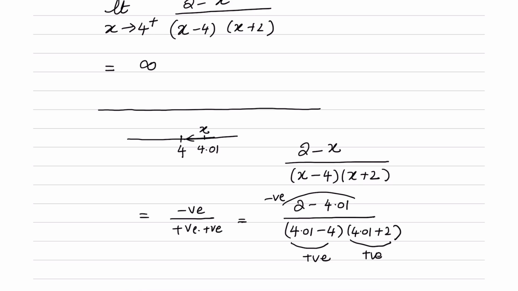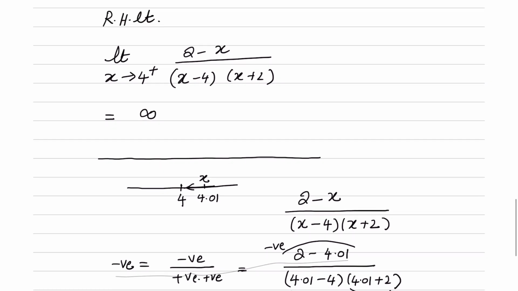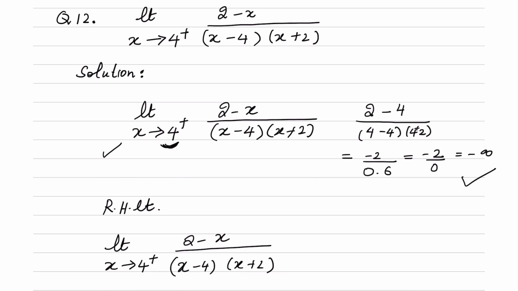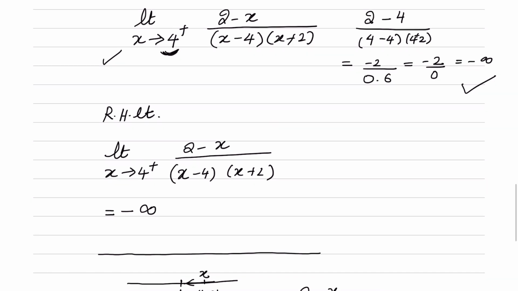So negative divided by positive is negative. So we will go back up and put in the negative sign with this infinity. So the solution of this question, the limit as x approaches 4 plus of the function (2 minus x) over (x minus 4)(x plus 2), is minus infinity.